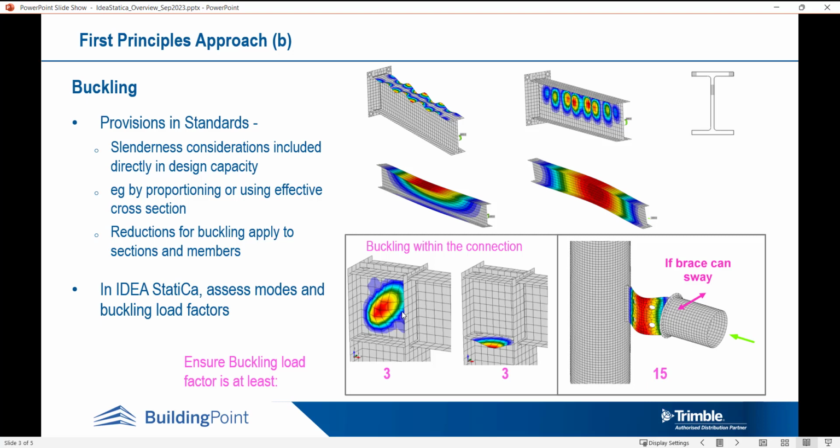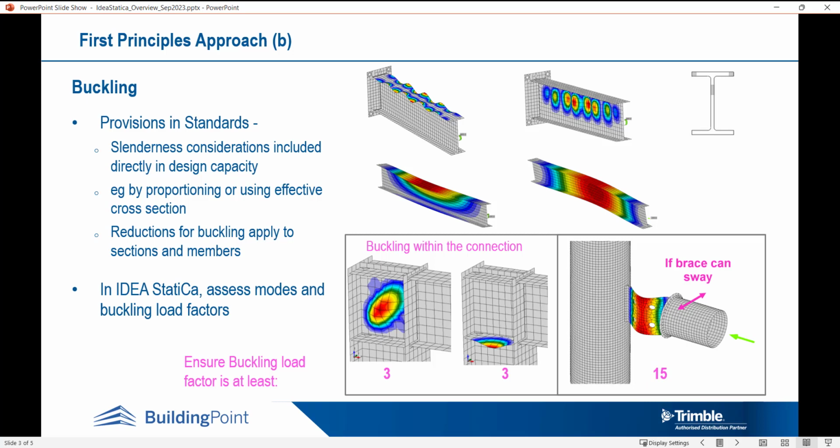For a web panel that's subject to fairly high shear here, we're getting a shear buckle showing up. For hogging moment compression from the beam into a relatively thin stiffener, we're getting buckling showing up here. For these sorts of modes, buckling within a connection, as I sometimes call it, we ensure that our buckling load factor is at least 3.